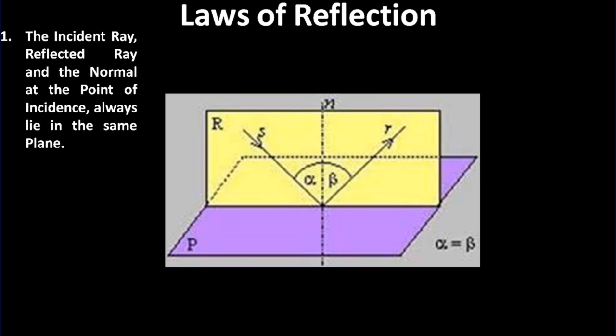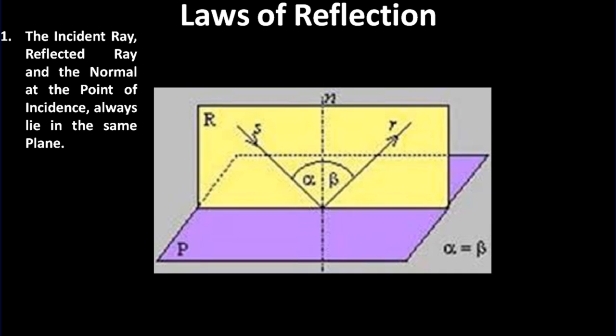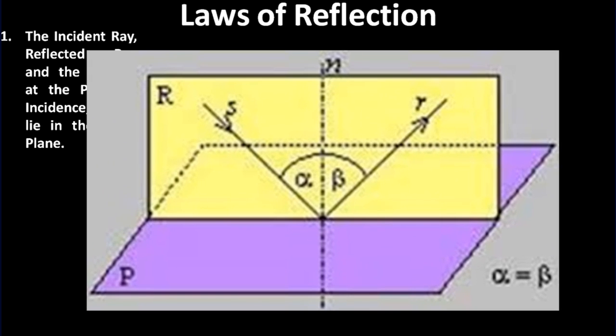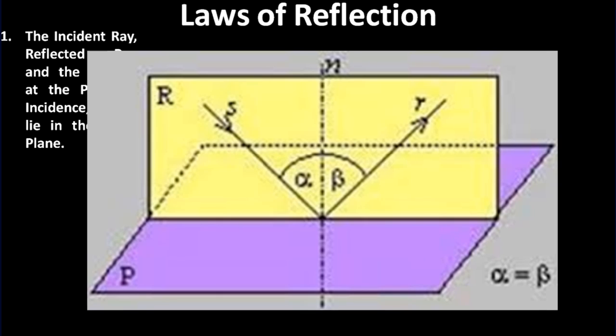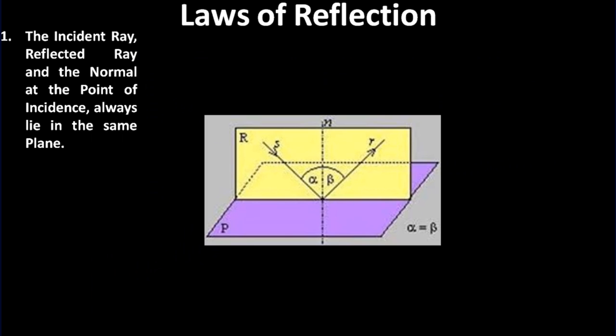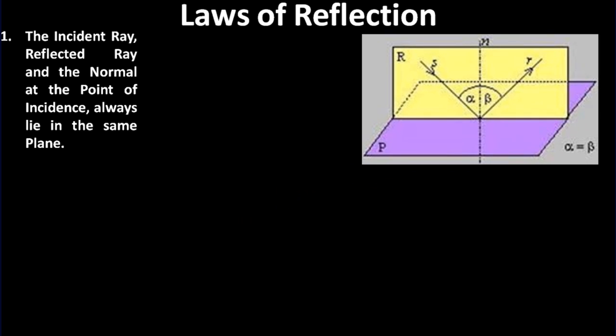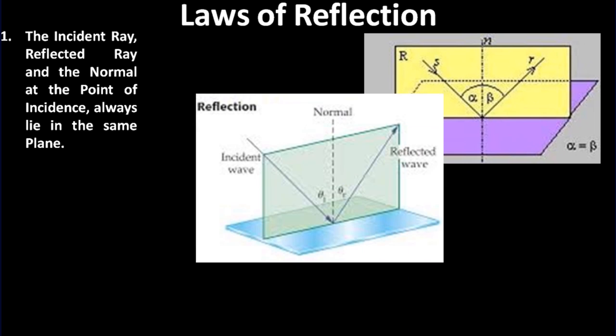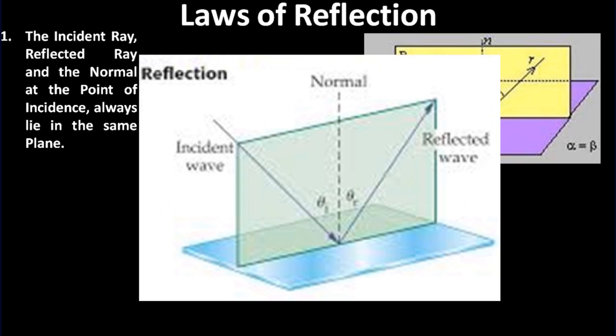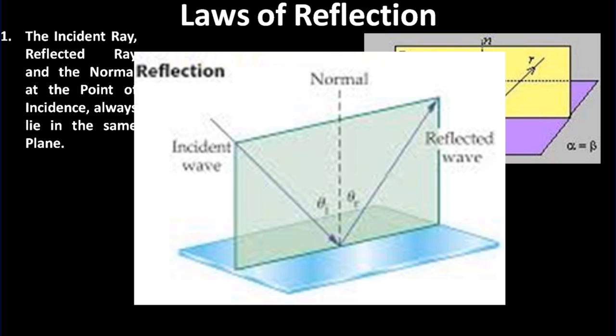The incident ray, the reflected ray, and the normal at the point of incidence are in the same plane. Let us understand this with another figure. You see, the plane of incident ray, the reflected ray and the normal is same.